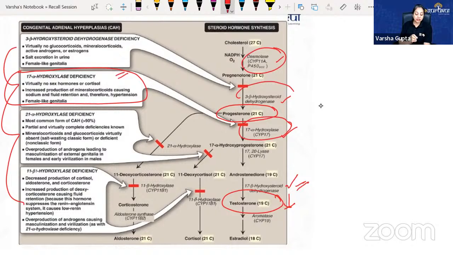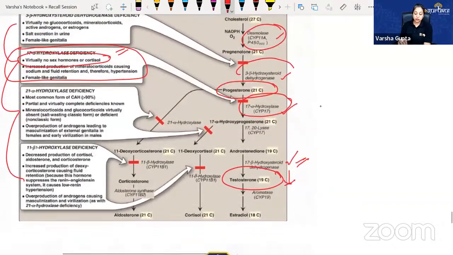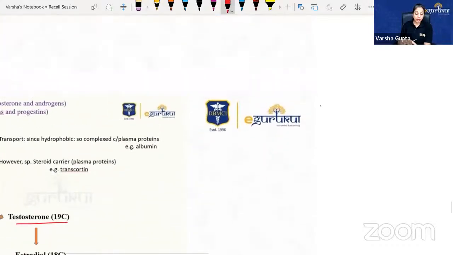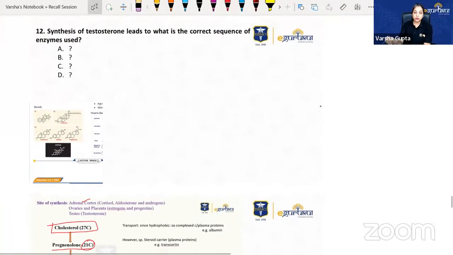In this deficiency, there is virtually no sex hormone or cortisol present, right? So make sure you know this very well. And maybe when we take another doubt solving session, when we have plenty of time, I can go over this again in detail. Okay, so now you know the sequence. I don't have the options, so I cannot tell you what was A, B, C, or D, but I have given you the entire range.